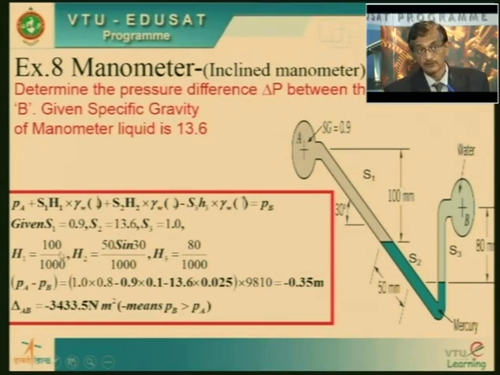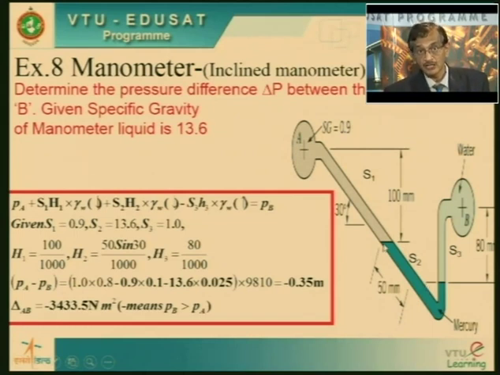You can see H1. What is your S1? S1 is 0.9. So when I start from PA, you know you are going downwards. So PA plus S1 H1 into gamma W, I have put a downward arrow also. Now come to this level. You are seeing that it is going to be again downwards till we reach here, 50 sin 30.